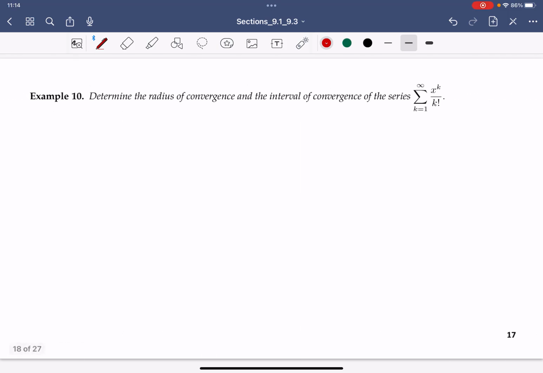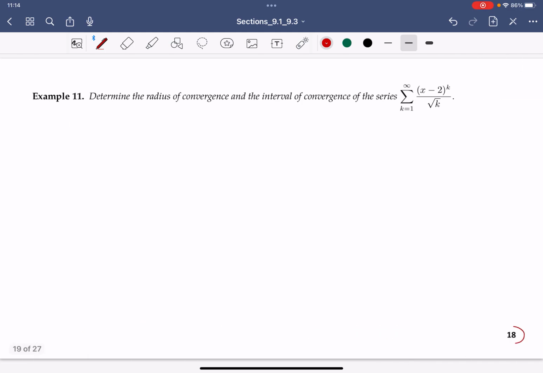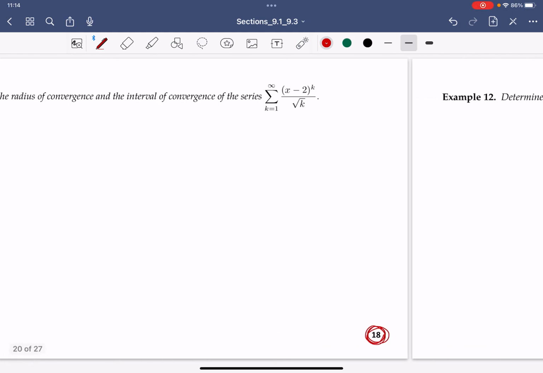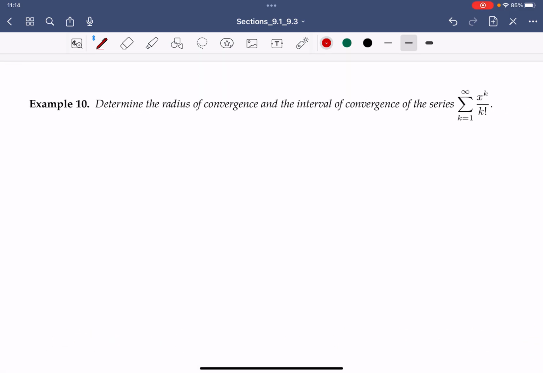That is our goal for today. So we're trying to do example 10 and example 11. Maybe example 12 as well, but let's try to do example 10 first.